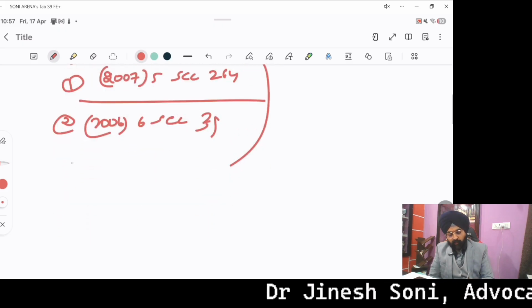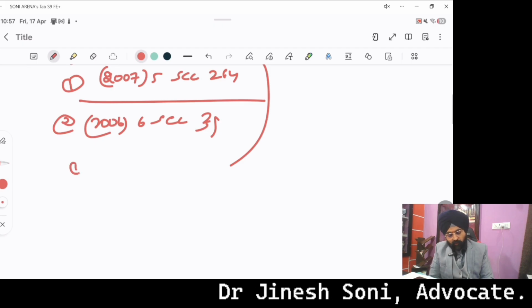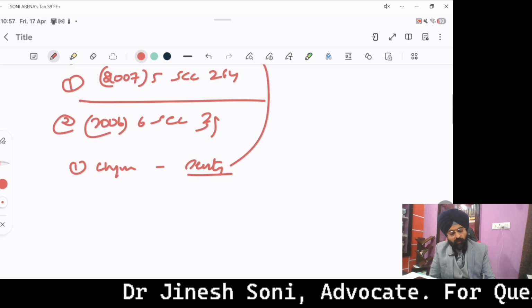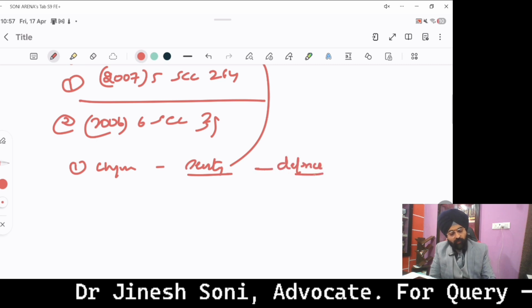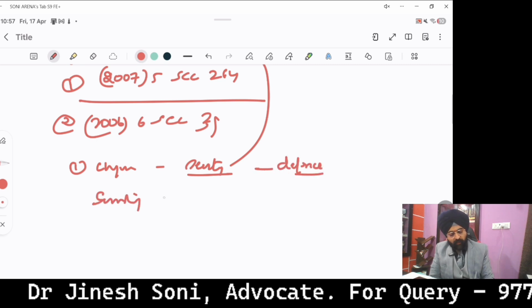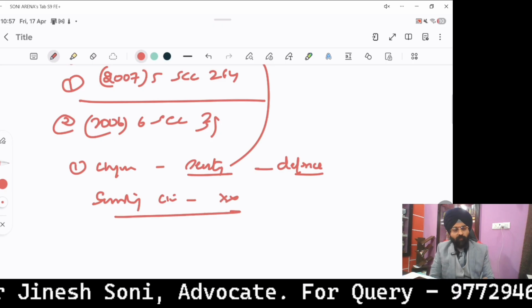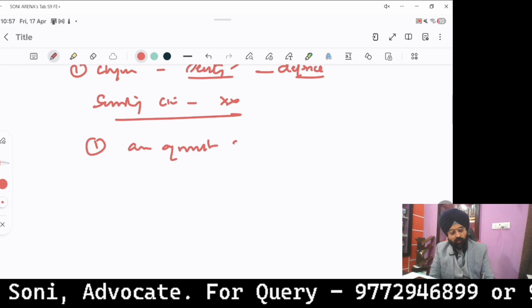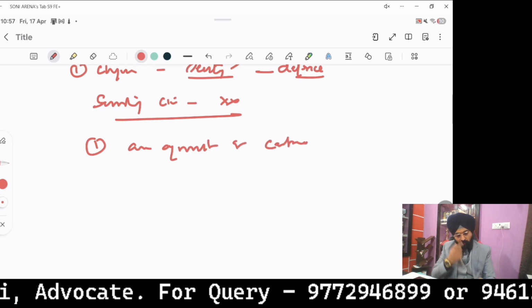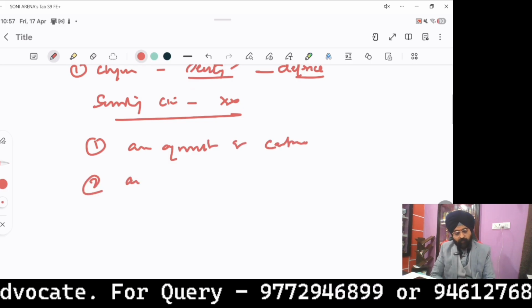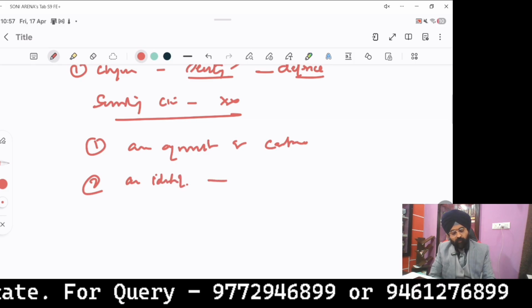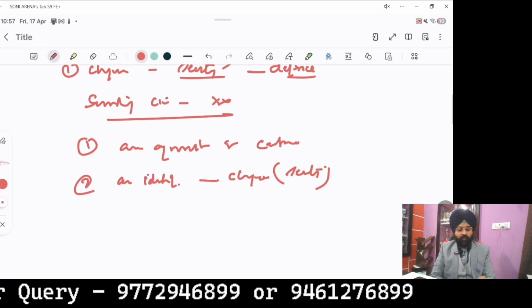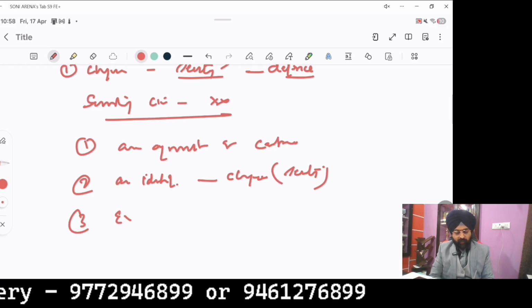I will take another example to explain you more effectively. For example, your defense is that the check is given towards security. The defense will fail if surrounding circumstances are not on record. For example, there is an agreement or contract. Number 2, as indemnity. The check is given as security, and you are having evidences.